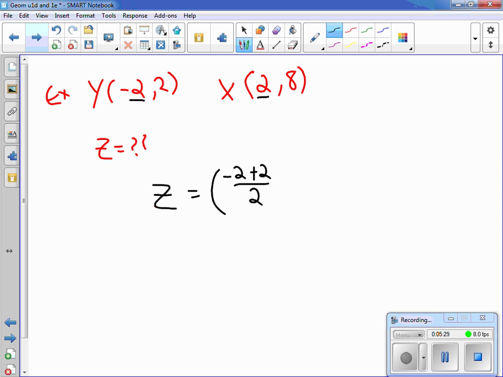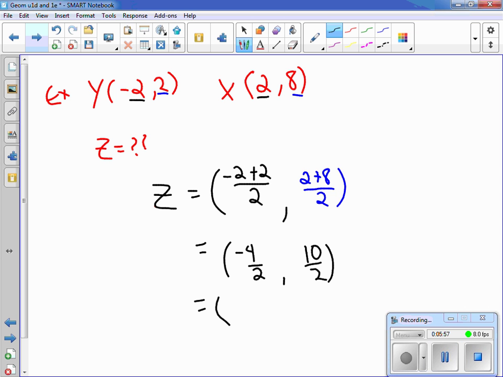And our y coordinates are going to be given by 2 plus 8 divided by 2. And again, we just do our math. So this is going to equal -4 over 2 and 10 over 2. So a nice even number. So the coordinate of our midpoint is -2, 5.